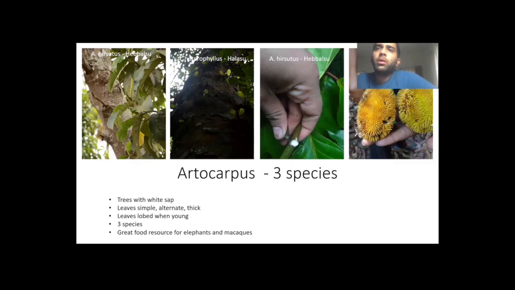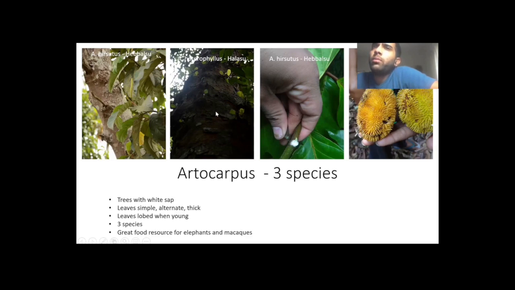Another plant you should know about is Artocarpus, which is Halasumara. Hebbalasu is another one. There are about three species actually in the wild. Mainly Halasu, which is Artocarpus heterophyllus. It's sometimes in plantations. It's also in the wild in some places, and the fruit comes directly on the trunk for Halasu.